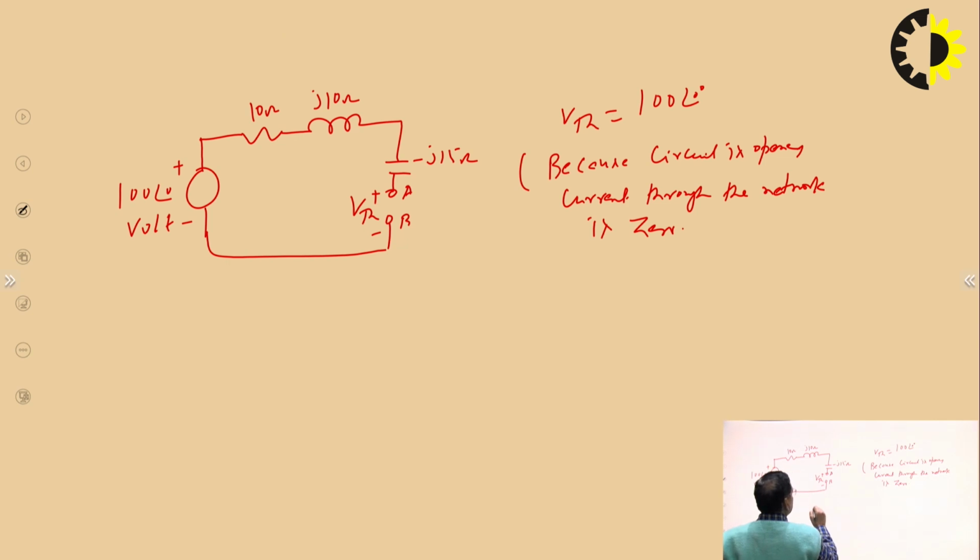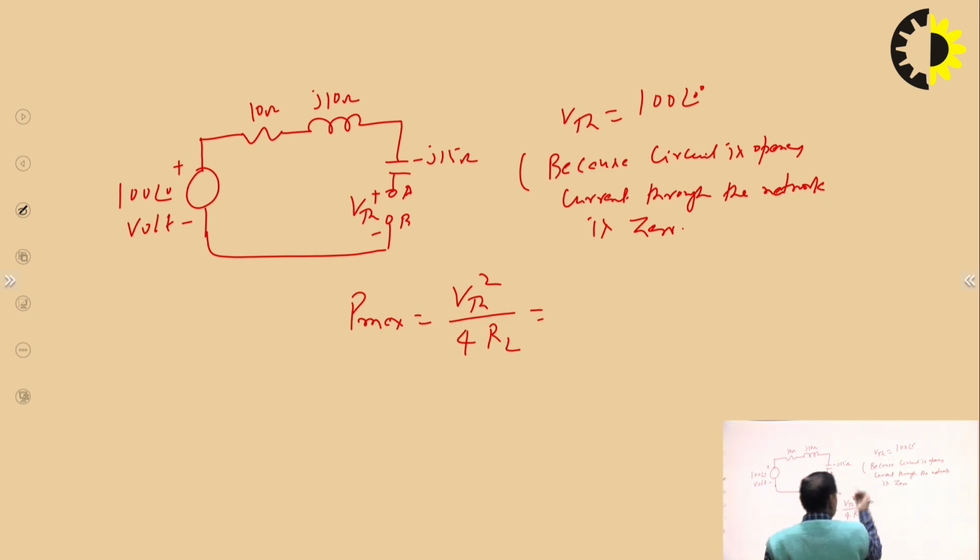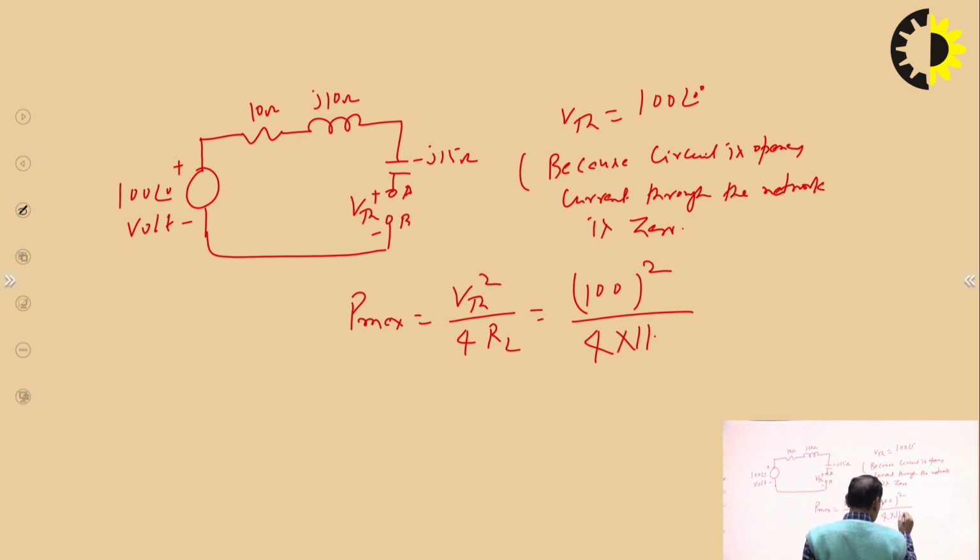So what is P max? P max is VTH square upon 4 RL. VTH is 100, so 100 square upon 4 into 11.18. So it comes to 223.61 watt.